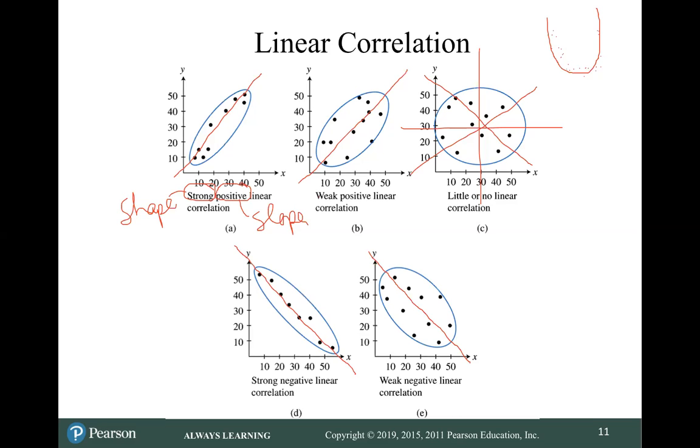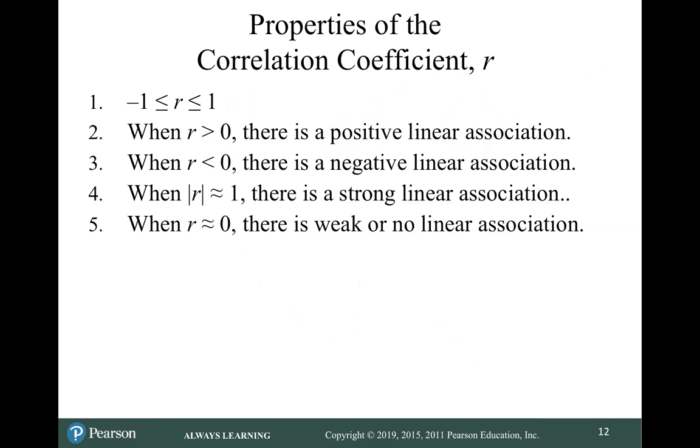Okay, looking at the next slide here, how do we define correlation? Well, we have a coefficient of correlation, or a correlation coefficient. And so we can say that our correlation between the data and our line, if it's really, really strong, it's going to be close to positive or negative 1.